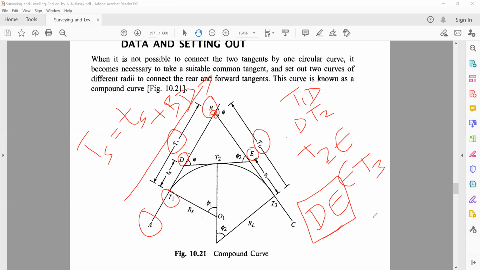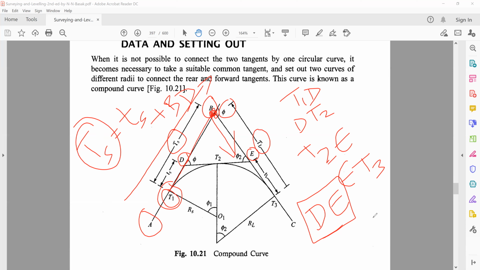So for that, you will choose the starting point of the curve as T1. From there, you will measure this distance. And if you have this distance, capital TS, then you can lay out this point B in the field. Then, by using the deflection angle, you can find out the direction of the second line, or you could have that in the field.